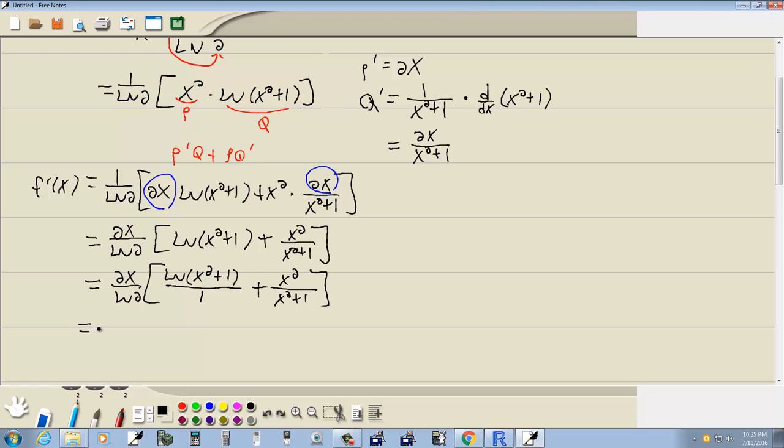Our common denominator would be x squared plus 1. So over here I multiply top and bottom by x squared plus 1. So I got x squared plus 1 times natural log of x squared plus 1 over, and I multiply the bottom part by x squared plus 1, plus x squared over x squared plus 1.